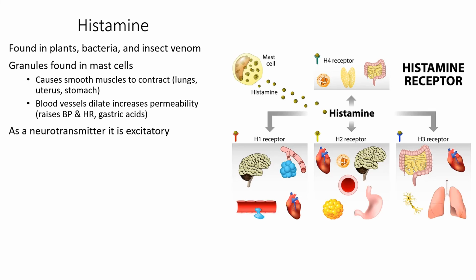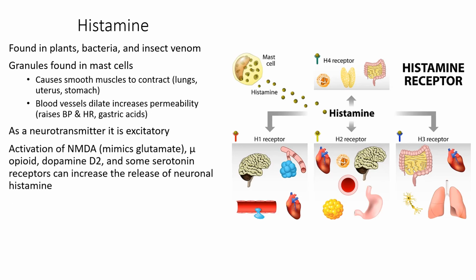The histamine causes smooth muscles to contract, so think about the lungs, uterus, and stomach. Blood vessels dilate, which increases permeability and raises blood pressure and heart rate, and also gastric juices, so it can cause upset stomach. So histamine as a neurotransmitter is excitatory.